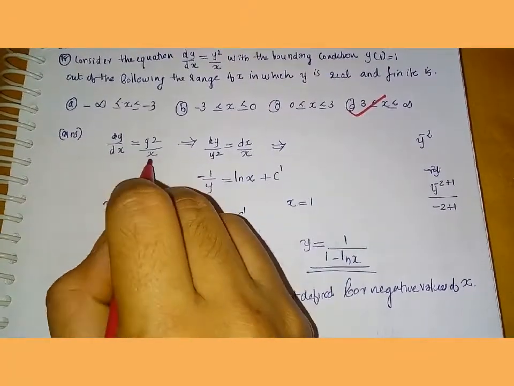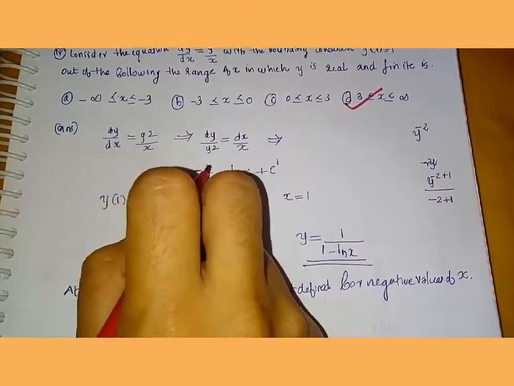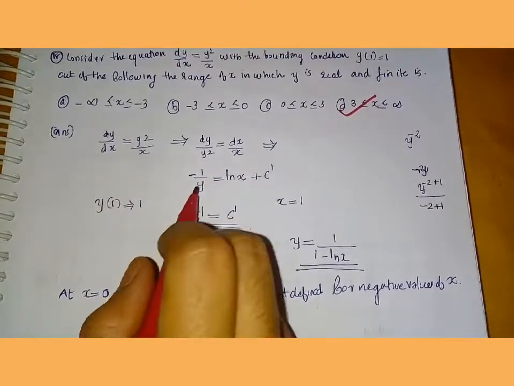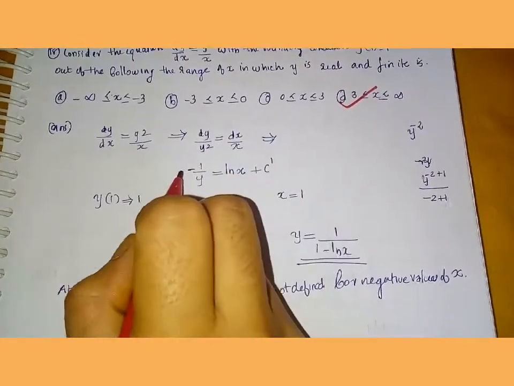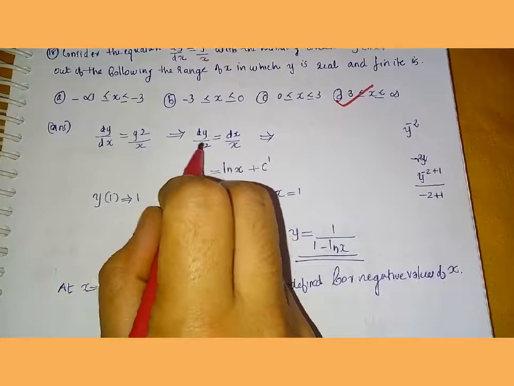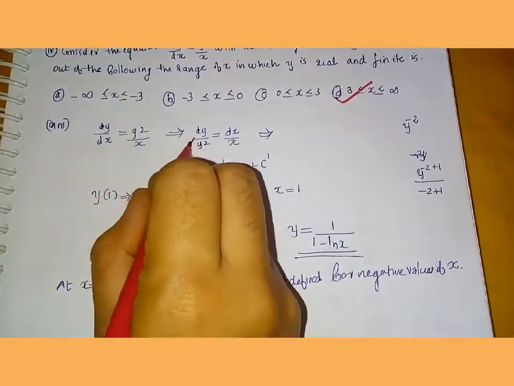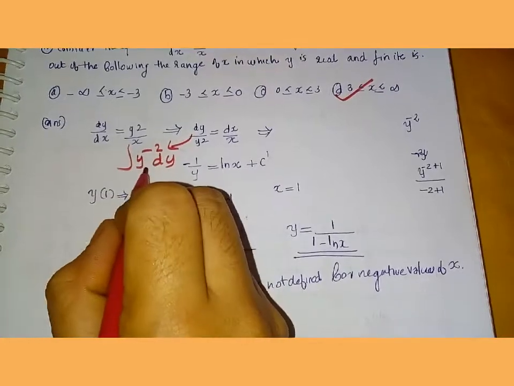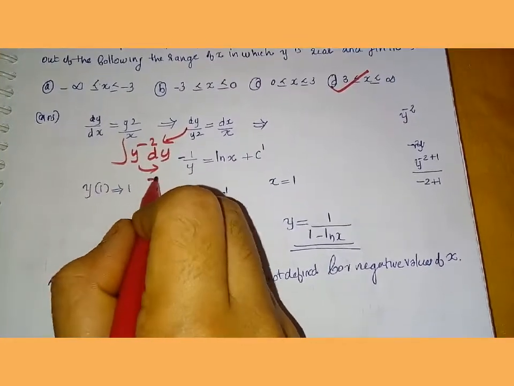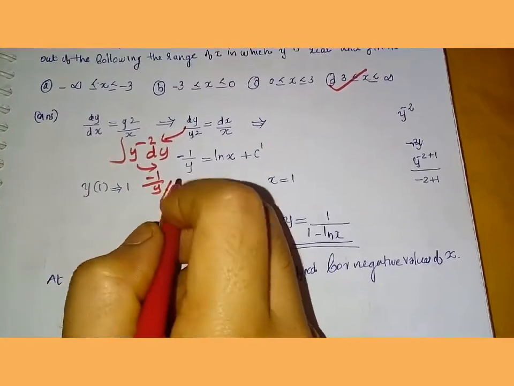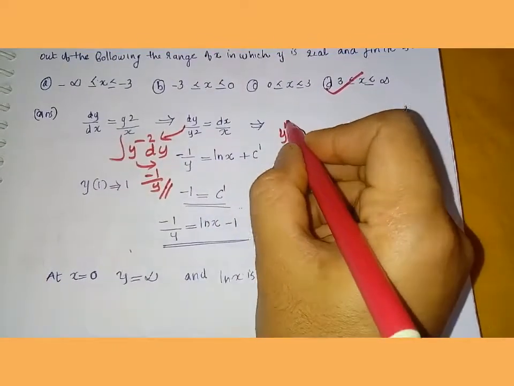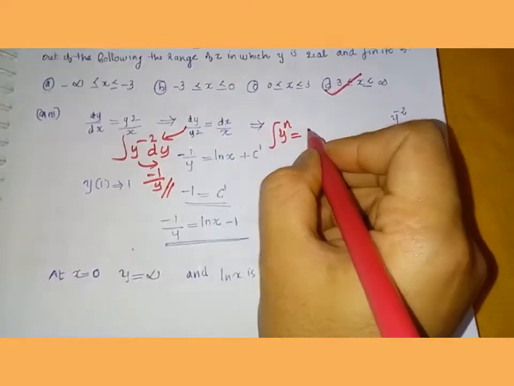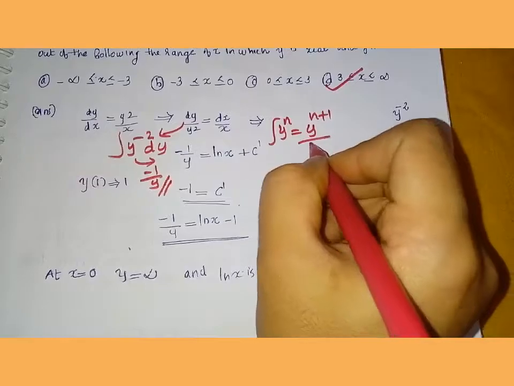So dy by dx is equal to y square by x. From that we have to find y by integrating it. We know how to find the integration here, that is y raised to minus 2 dy. The integral of y raised to n is y raised to n plus 1 divided by n plus 1.